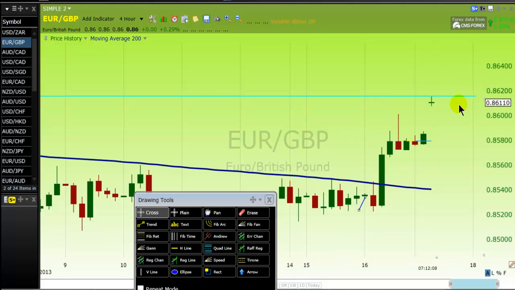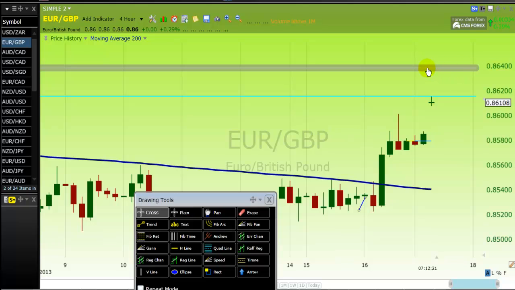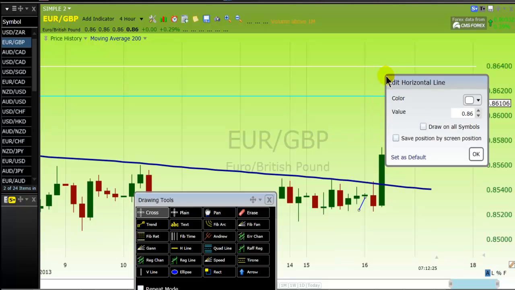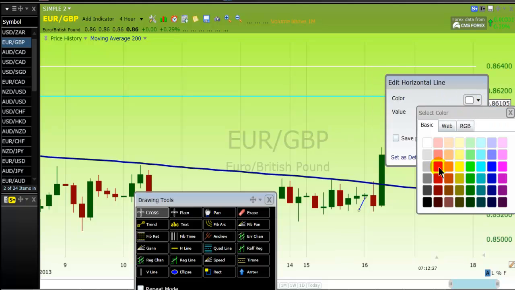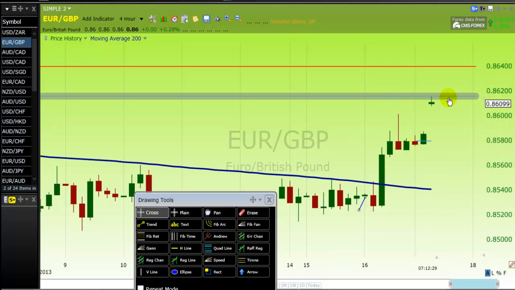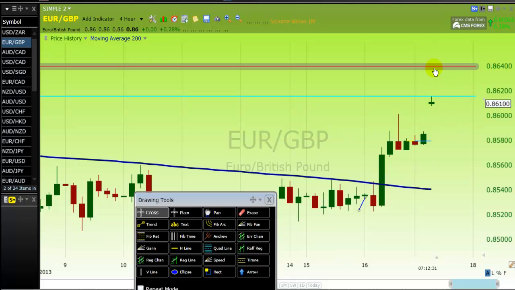My stop loss is at 8640. I want to show you my stop loss is here, 24 pips, which I'm going to color now into red. So entry point right here, 8616, stop loss 8640, risking 24 pips.